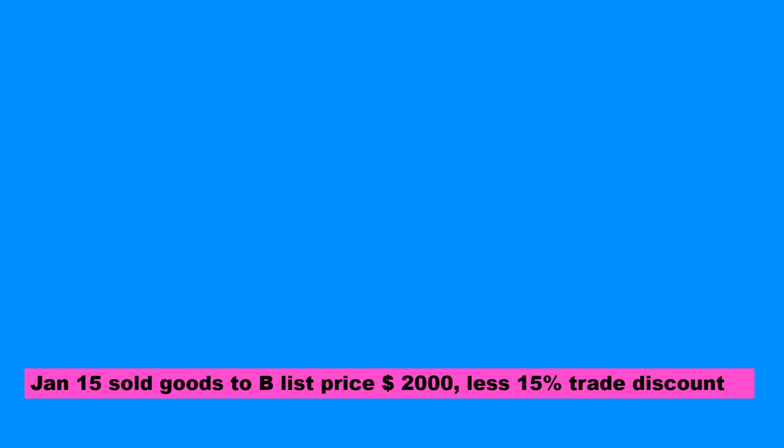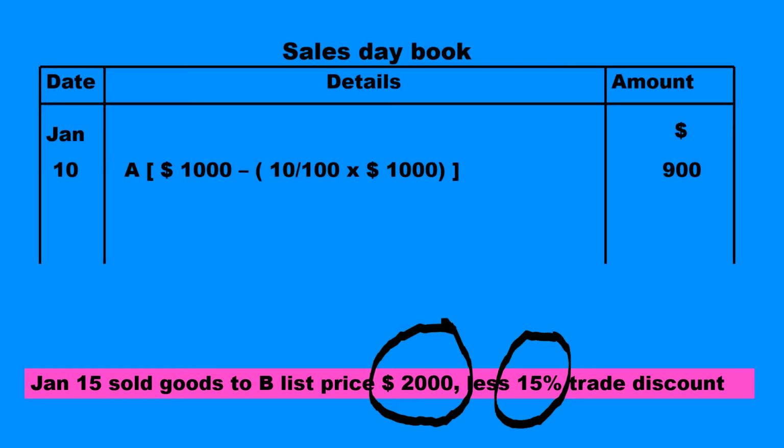Let us look at the second transaction. Sold goods to B, list price $2,000 less 15% trade discount. As we said earlier, when we sell goods on credit, it is recorded first in the sales daybook, which, if you remember, we already had goods sold to A, the net amount being 900. Now we record those goods which have been sold to B, 2000 less 15% of 2000, that gives a net amount of 1700.